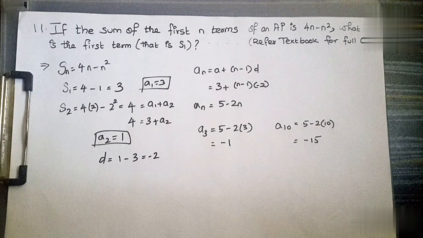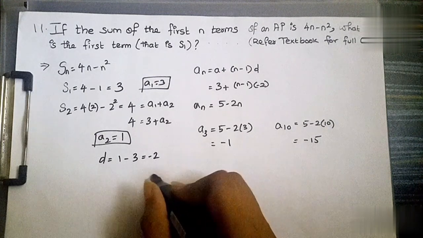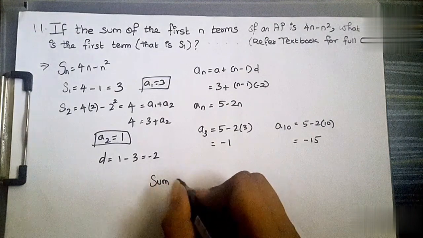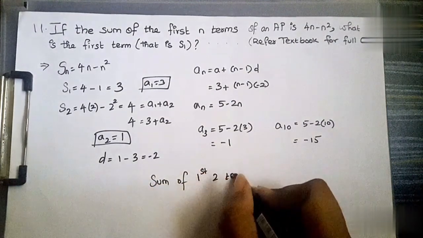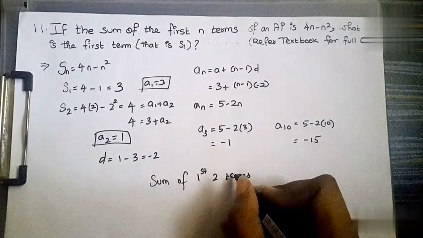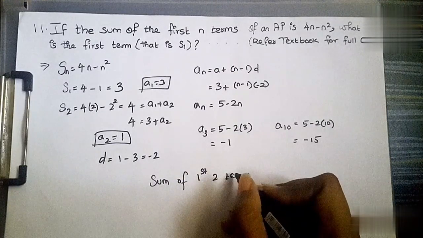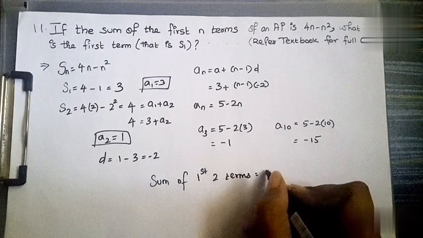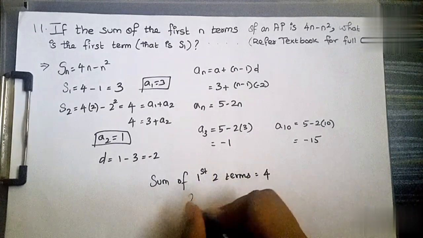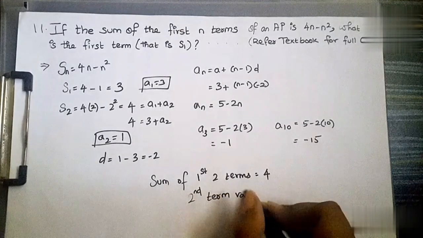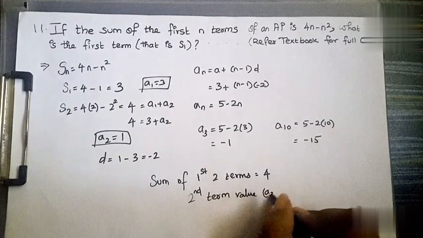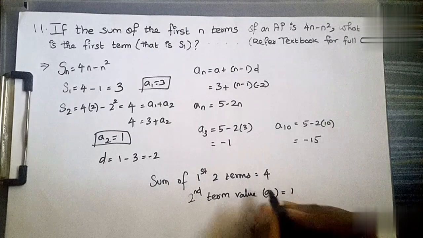At last your conclusion will be: sum of first two terms, that is the value for S2 which we got, is 4, and second term value, that is A2, is 1.